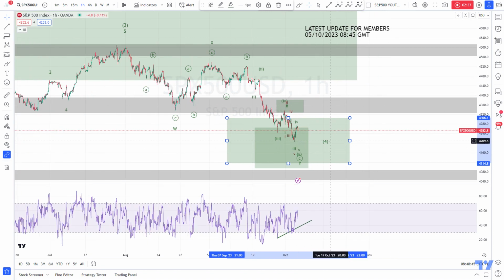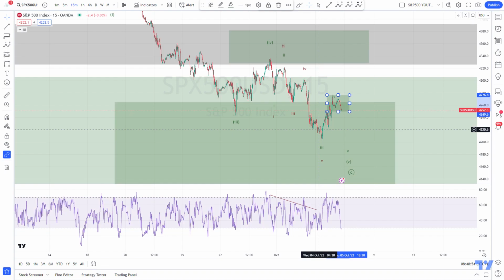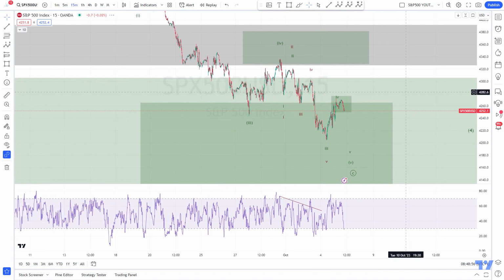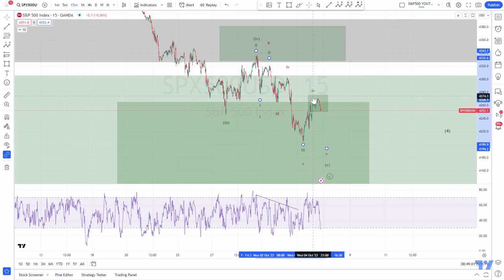So if we look at the 1 hour, maybe I will go to the 15 minute, like two scenarios here on the lower time frame. This final wave 5 here could have played out like this, as indicated in red.